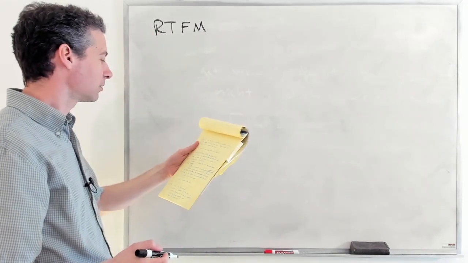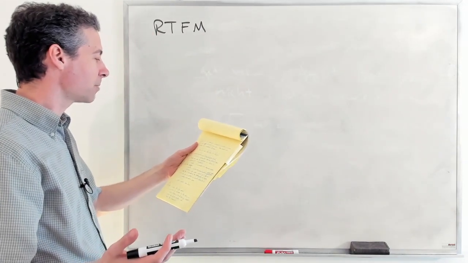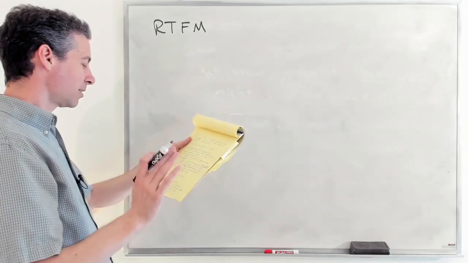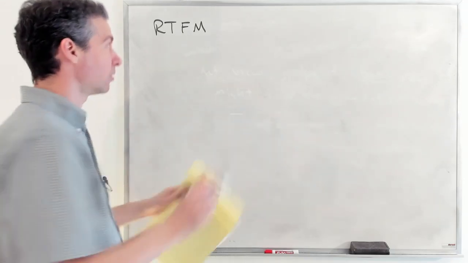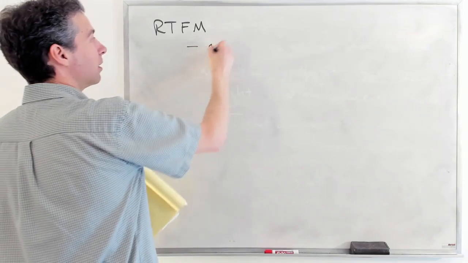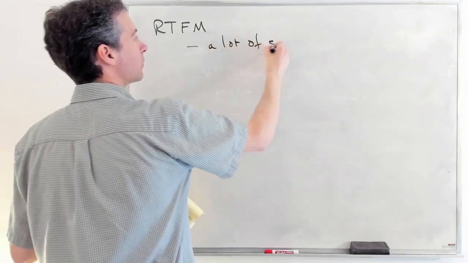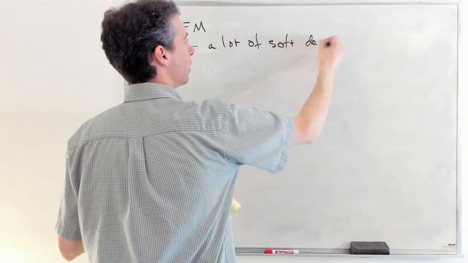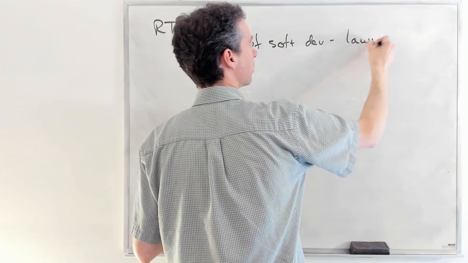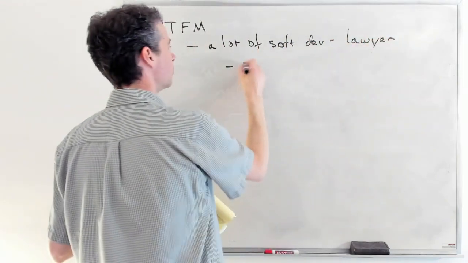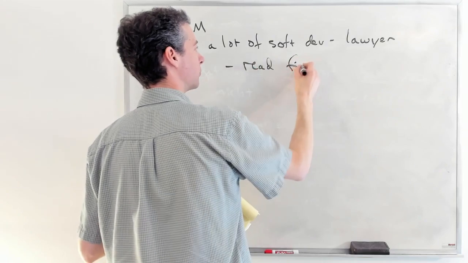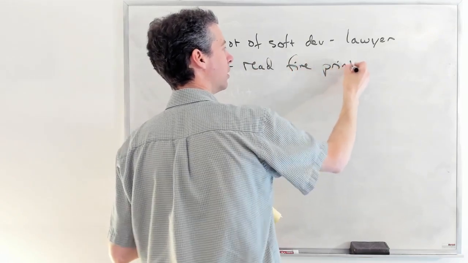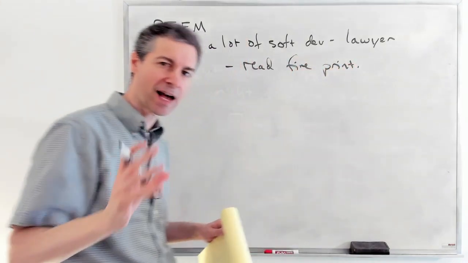And so what do I mean by this? The reality is a lot of software development is kind of like being a lawyer. You've got to read the fine print. Lawyers do a ton of reading, and it's a very exact sort of reading.